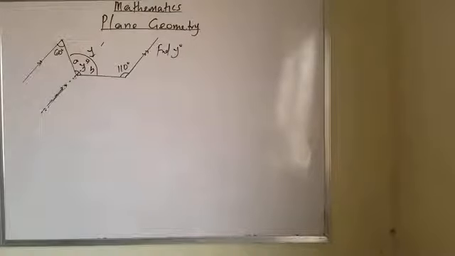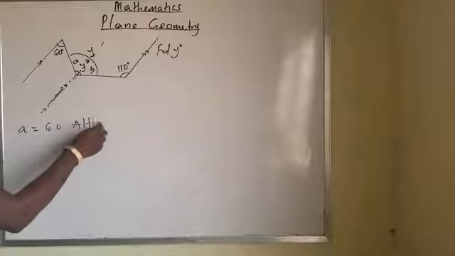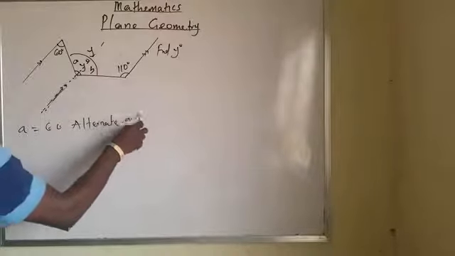Do you know that normally my A is equal to what? 60. My A equals 60. It means alternate angles.